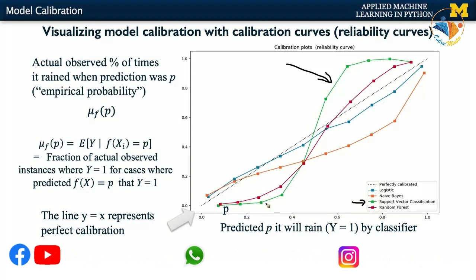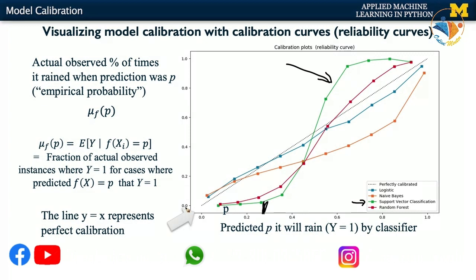And similarly, when the classifier predicted 0.3, the empirical probability turned out to be close to 0. In other words, when the classifier predicted a 30% chance of rain, for all the days in that bucket, what we observed as the empirical probability was close to 0 instead of being 30%. So you can see that the support vector machine is quite poorly calibrated.